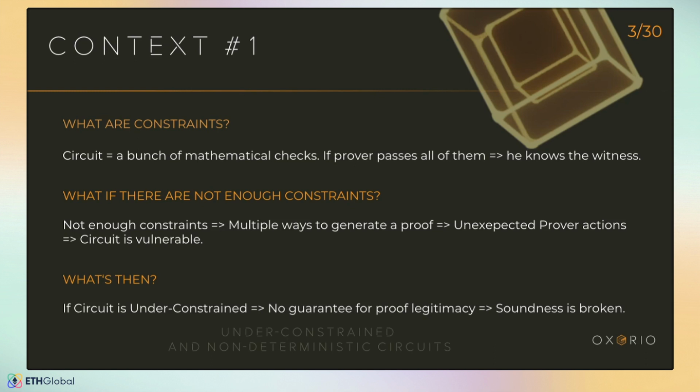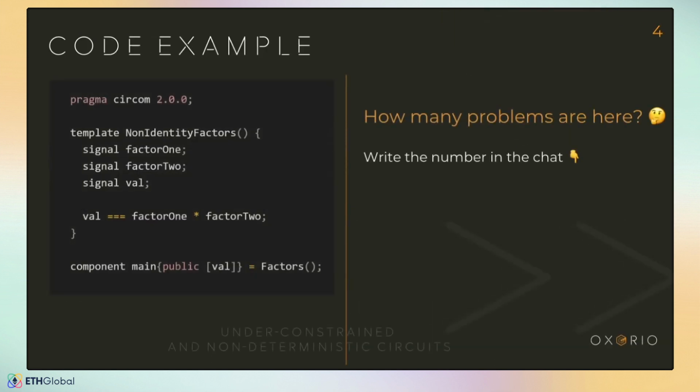If there are not enough constraints, it means that there are multiple ways to generate a proof. We can produce several nullifiers, and then the actions of our malicious prover will be unacceptable to us, and it means that our circuit is vulnerable. Also, if our circuit is under constrained, we cannot provide our users with the guarantee that our proof is legitimate, and our soundness principle is broken.